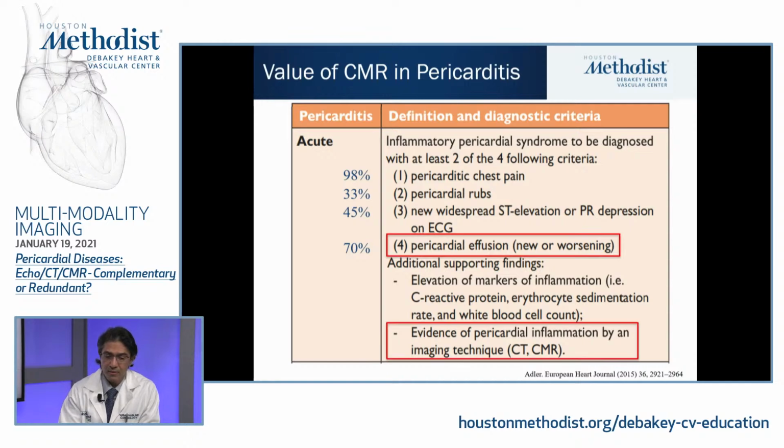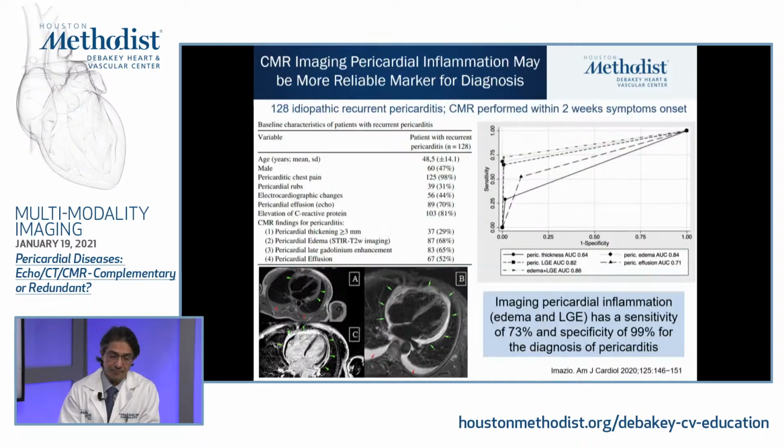And that's where CMR can come in. It can help us readily identify pericardial effusions, especially those that are loculated that you may not be able to see. And then also the ability to see pericardial inflammation, which again increases your specificity that you are dealing with a pericardial process rather than chest pain due to some other cause.